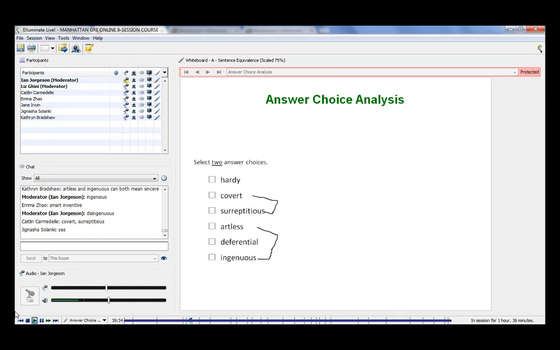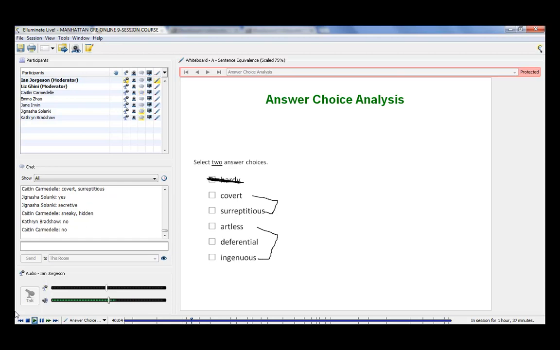Absolutely. Covert and surreptitious both mean what? Yeah, secretive, sneaky, hidden, absolutely. All right, now I want to look at the two remaining words, hearty and deferential. Do they have any relationship to each other? Hearty and deferential, yeah.